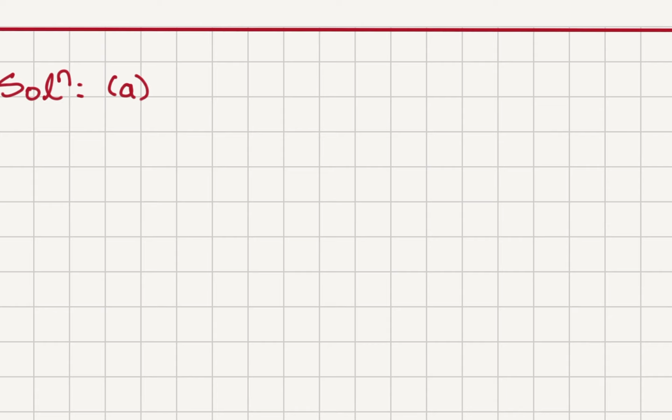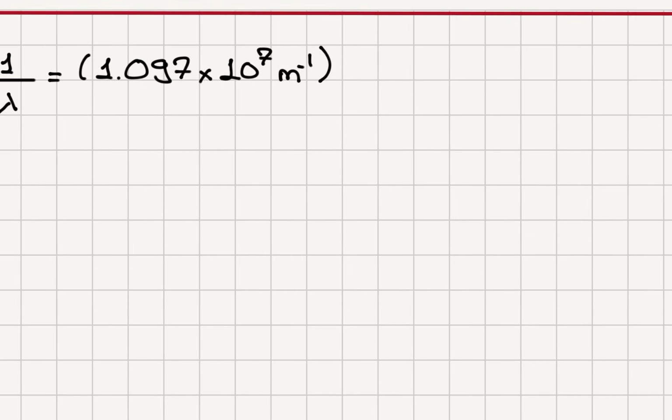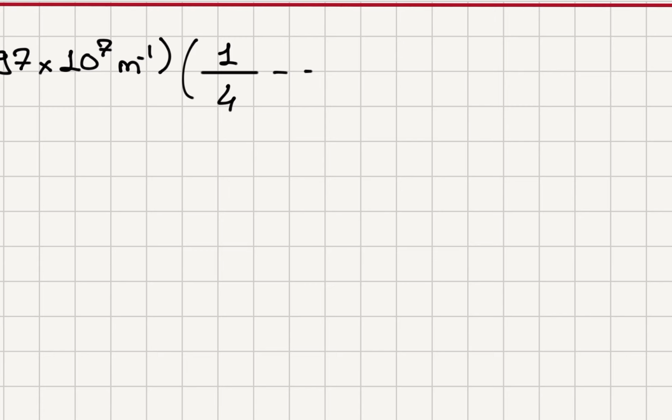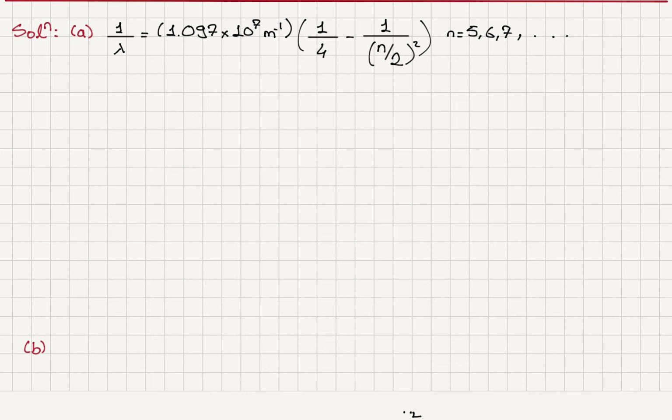Okay, so let's write the Pickering series. We have 1 over lambda is equal to 1.097 times 10^7 meter inverse, 1 over 4 minus 1 over (n over 2) squared, and here n is 5, 6, 7, an integer, etc. So that's our Pickering series.